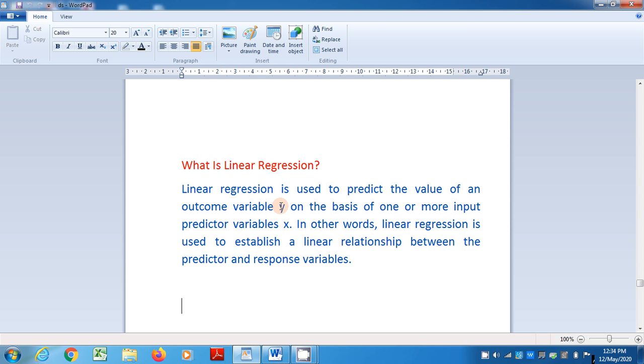Otherwise, if we are dealing with more than one variable, that comes under multiple linear regression. So in linear regression, we need to find the output variable y based on the input variables.